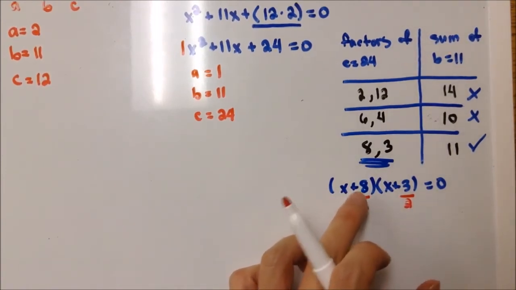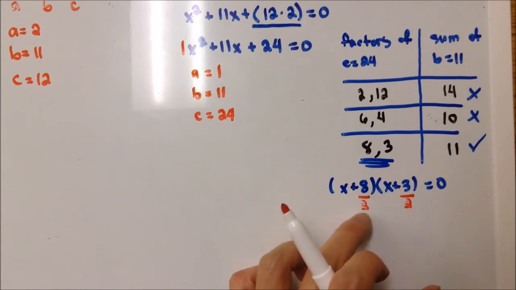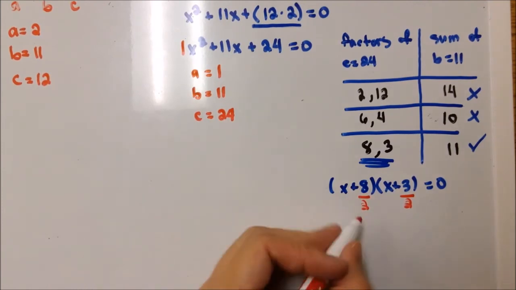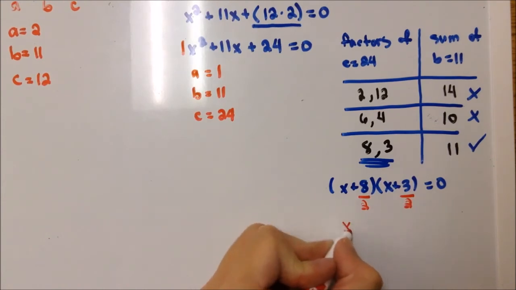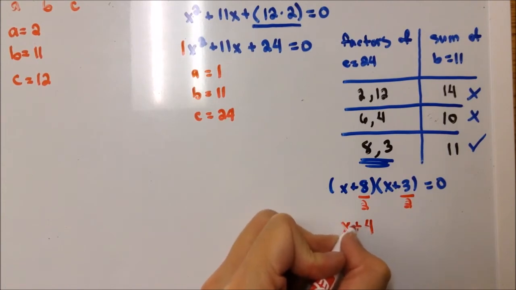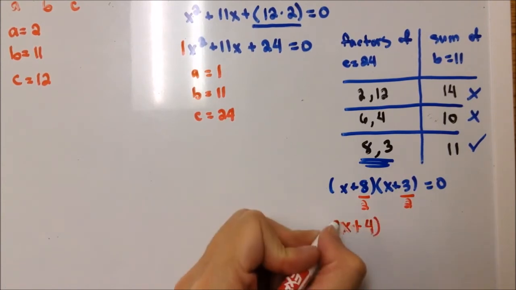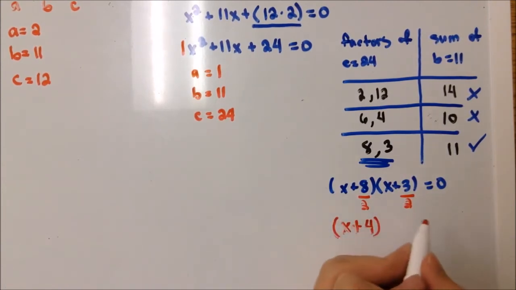Now, the first factor, x plus 8, being divided by 2, 8 can be divided by 2, so that's going to become x plus 4. Now, x plus 3 divided by 2. Well, 3 cannot be divided by 2 into a whole number.